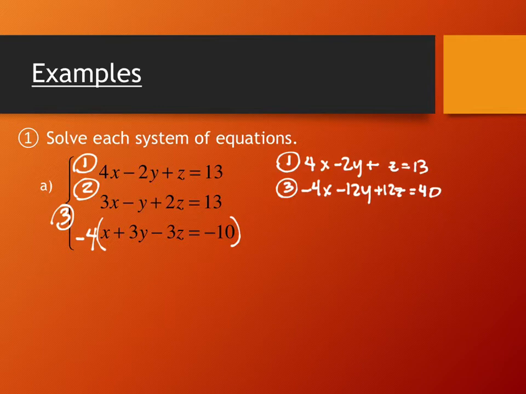Okay, y'all good? And we're going to add down. The whole point is that when I add down the first two, the x's eliminate. So what do I have left? Well, I have negative 14y, positive 13z, and 53.